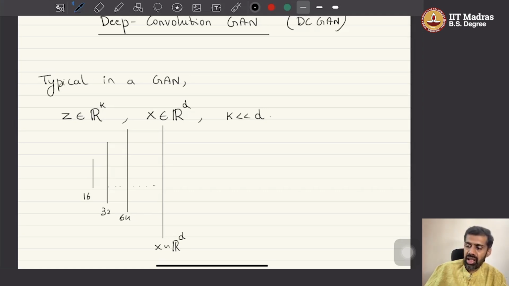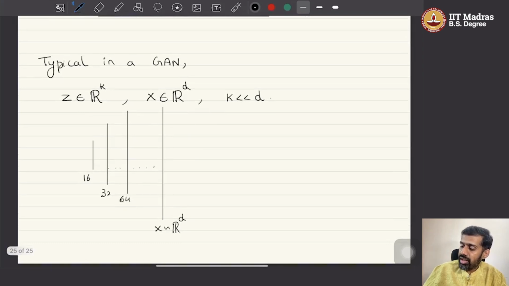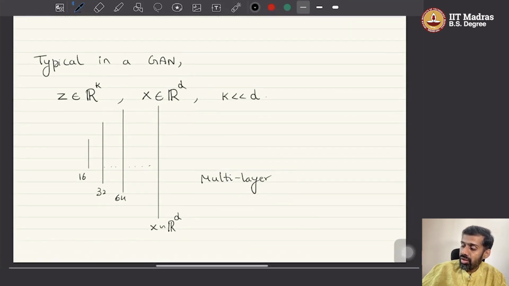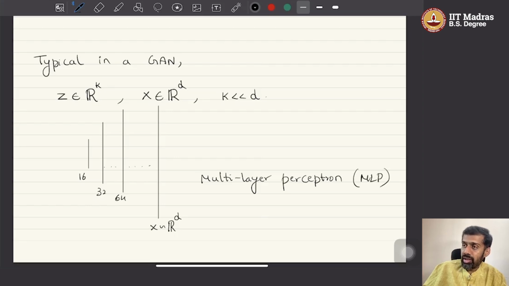That is how the typical architecture would be, and this can be a multi-layer perceptron, or an MLP, a fully connected neural network.